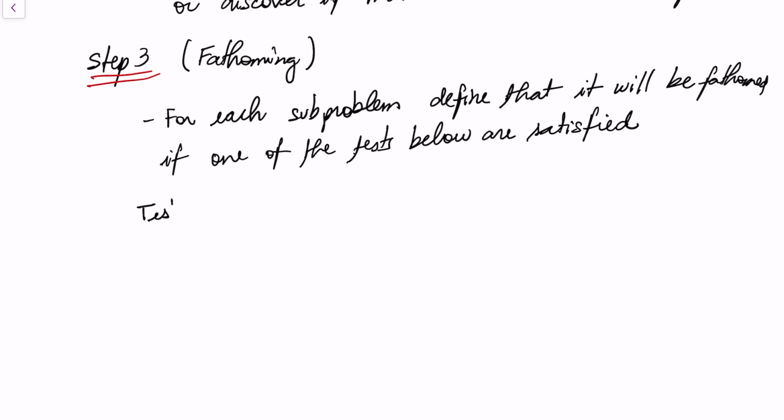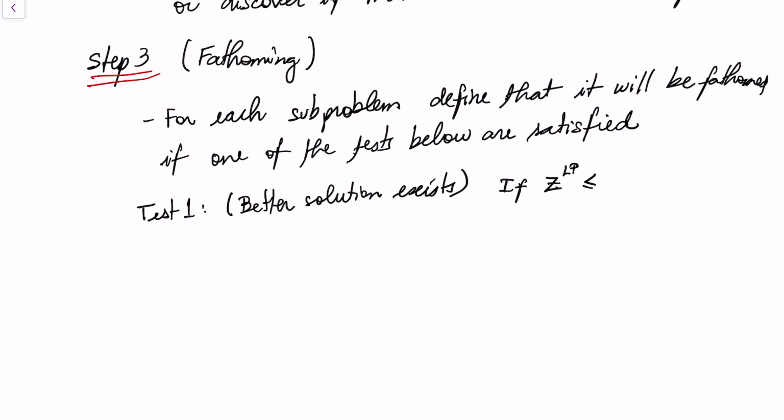And for this, we have the test 1 here that says that a better solution exists. So in test 1, we're going to see if the solution for the LP that we are solving right now with that specific subproblem is less than or equal to the incumbent solution that I have for the integer programming.